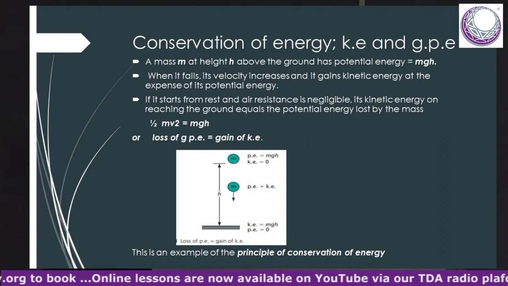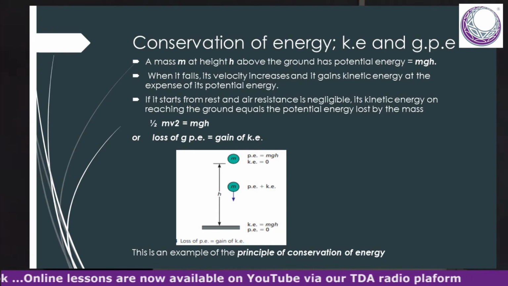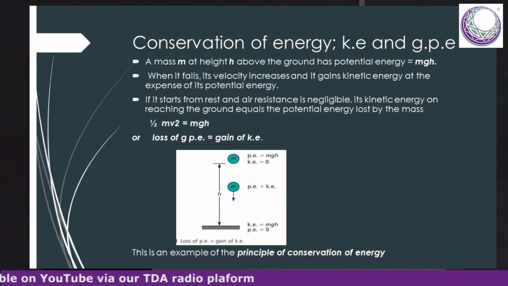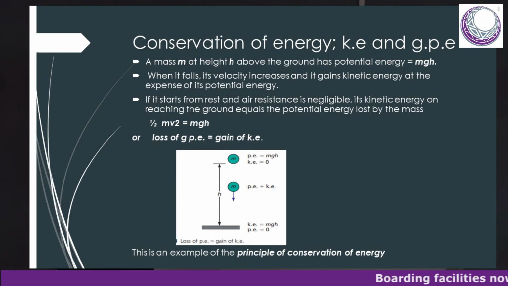So for you to do that calculation, instead of using half mv squared as your formula, you are now going to use mgh, the formula for gravitational potential energy. And they will ask you in the question, what assumption did you make in answering this question? The assumption that we've made here is that the principle of conservation of energy is at work.